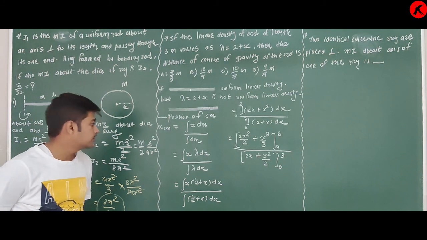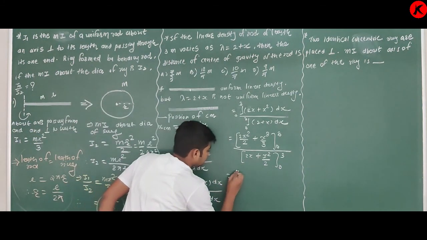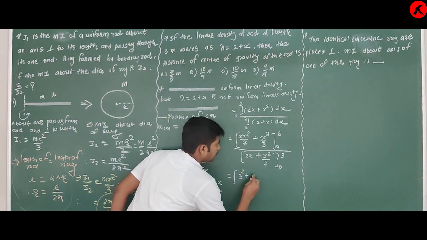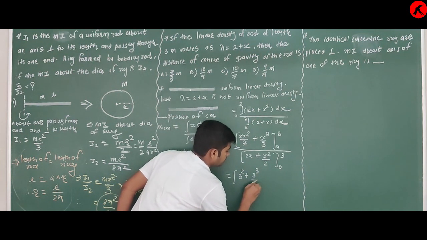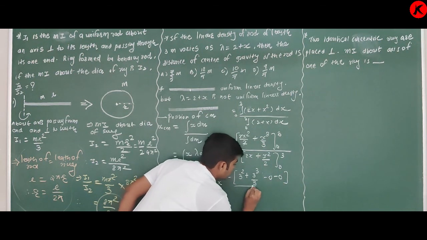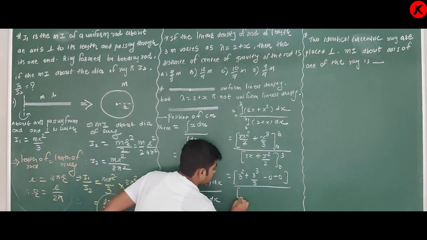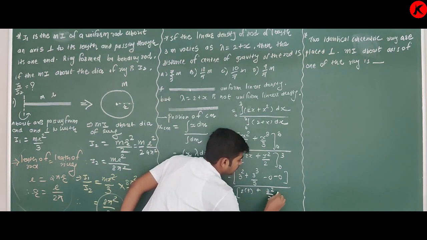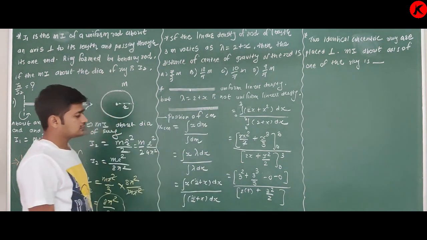Any doubt? Okay. Now put the limit. Here 2 cancels. So it is 3 square plus 3 cube divided by 3, then minus 0, divided by 2 into 3 plus 3 square divided by 2.